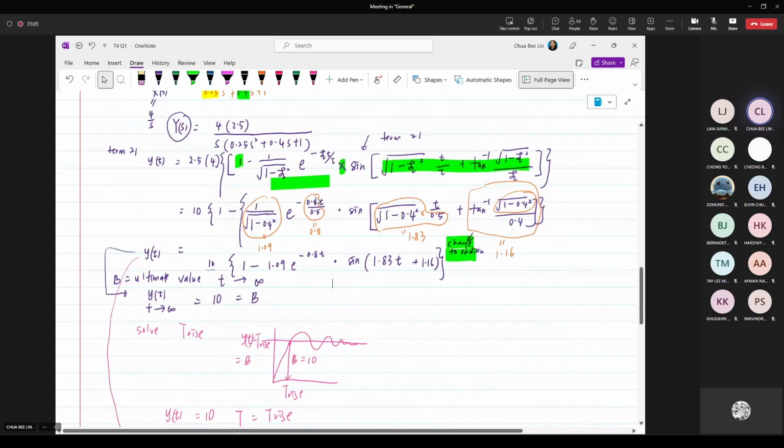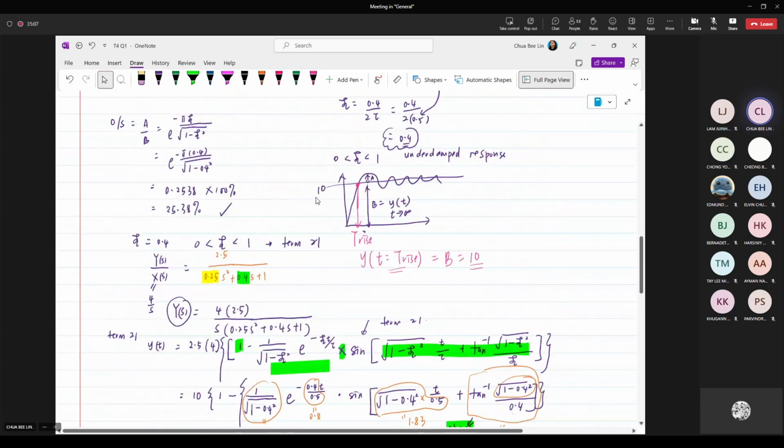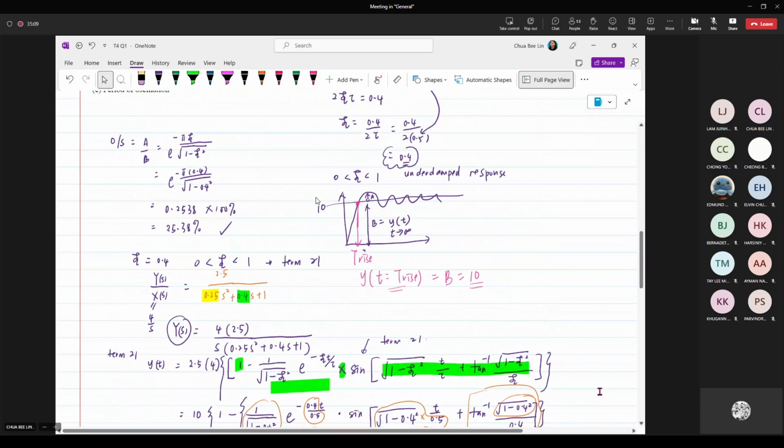Where's the overshoot? This one. So your overshoot answer over here is 0.2538, A over B. Overshoot is 0.2538, and you get this answer from the formula here, where you substitute the damping factor.